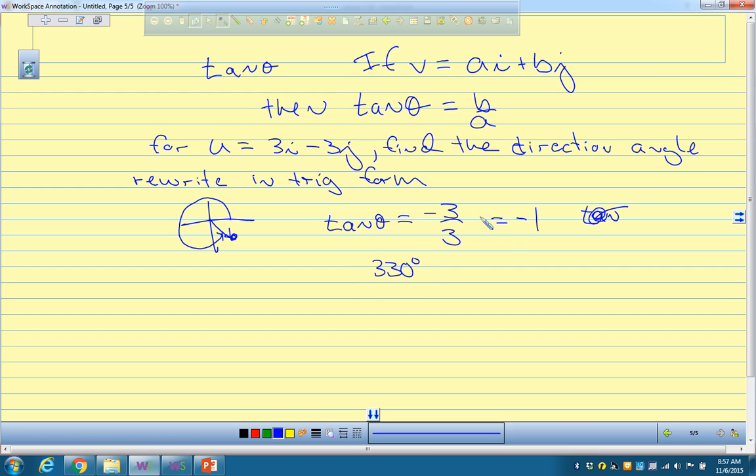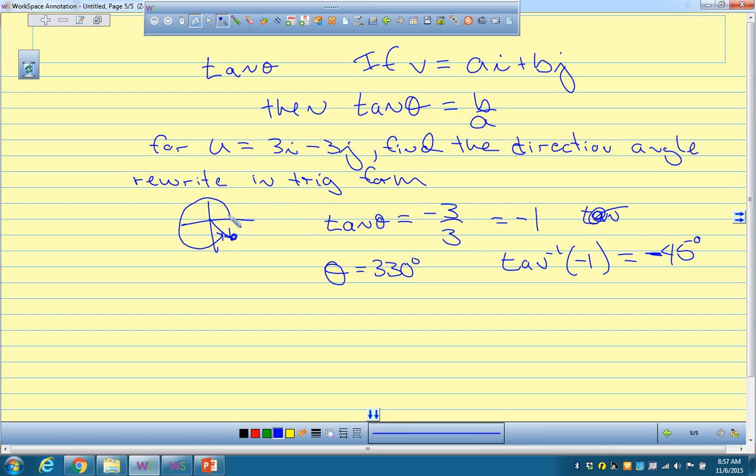So you have to be careful because the inverse tangent of -1, if I plug that into your calculator, is going to give you negative 45 degrees, right? But the direction angle is defined as a positive rotation from the x-axis.